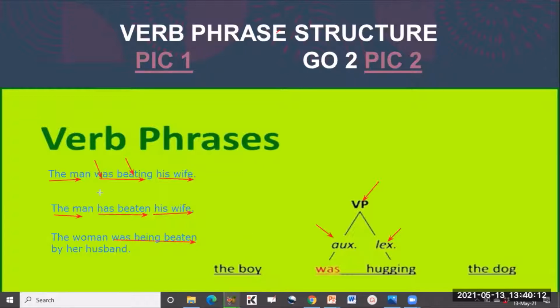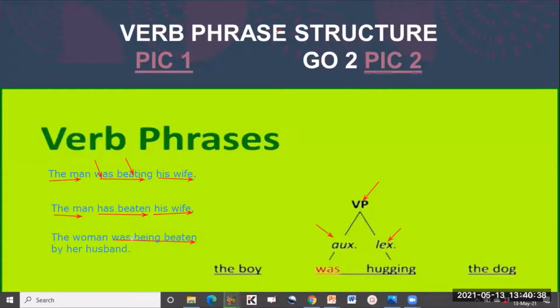In all our previous examples, we have always had two: was beaten, has beaten, but here we have was being beaten. So you see, a verb phrase can have two or three or sometimes even up to four verb elements.